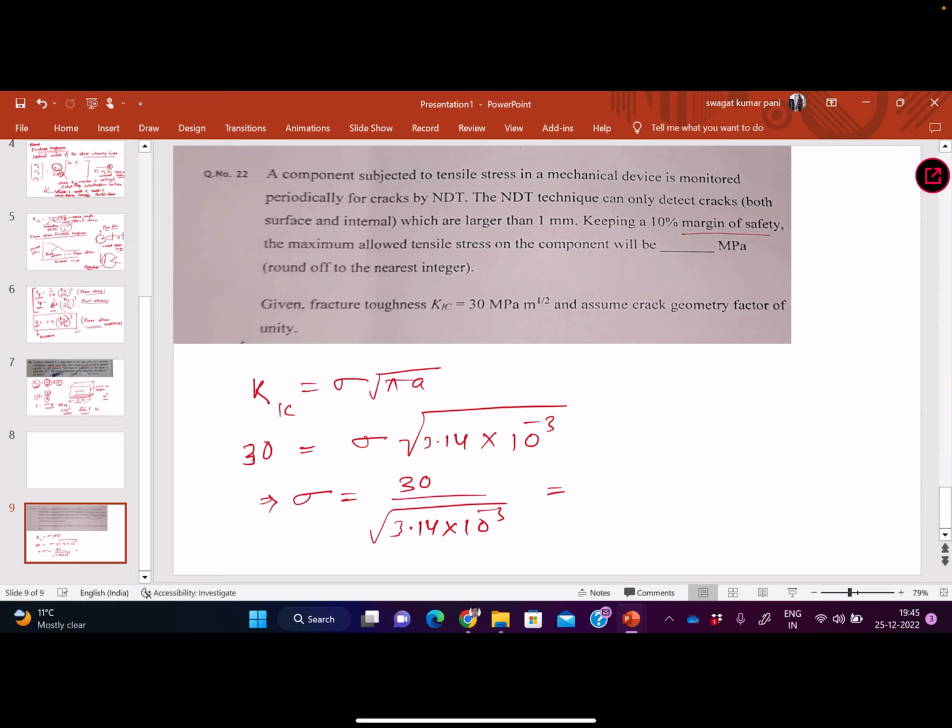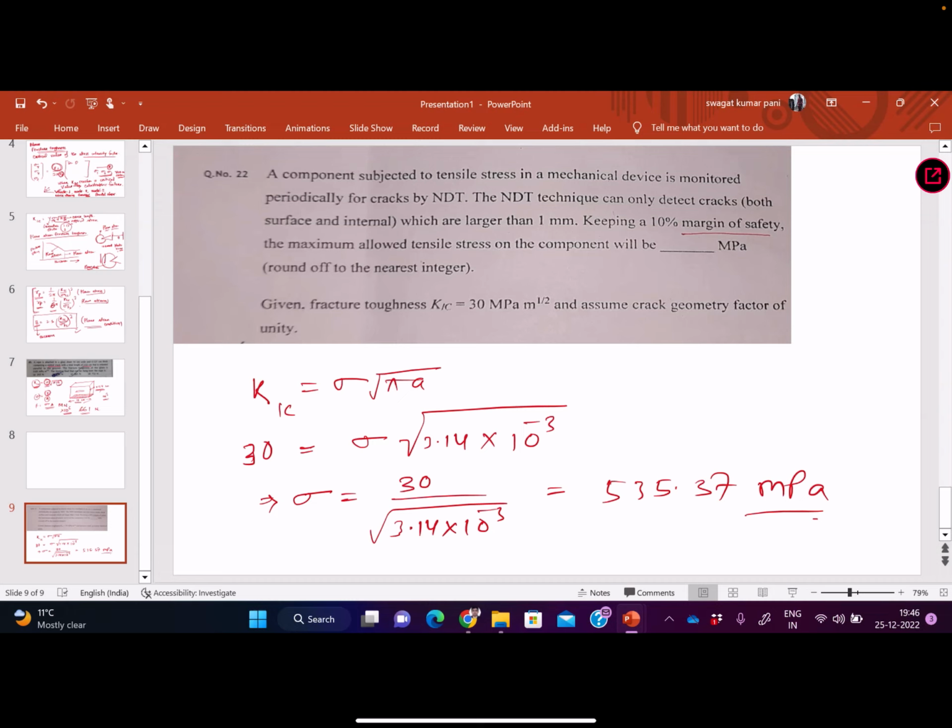So this will be 30 divided by that, which gives 535.37.